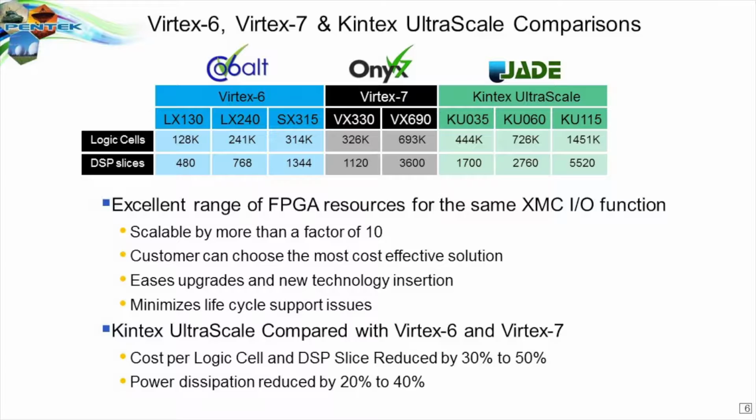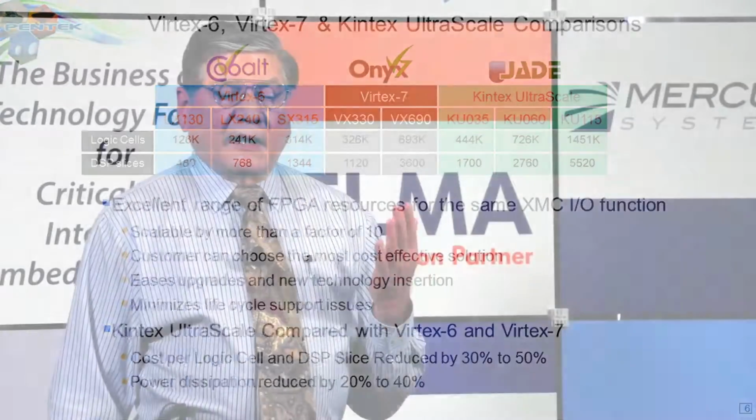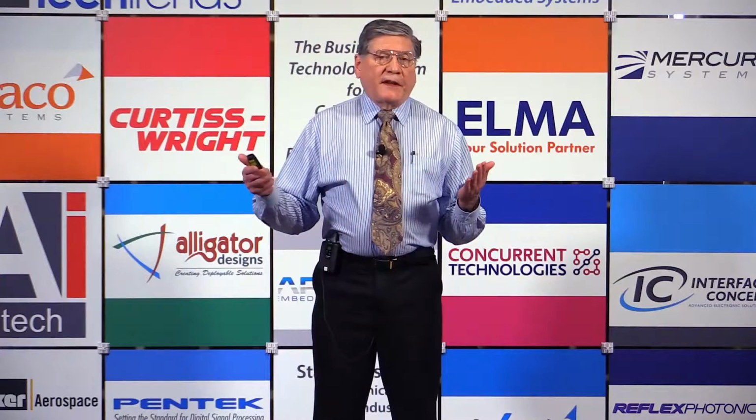And the point that we're making here is, if you're using an XMC module, which is a very, very popular industry standard that's used in just about every form factor, you can choose by more than a factor of 10 the number of resources and the horsepower that you might need for a particular function. So our customers can choose from a wide range of capabilities and still be able to move from one XMC to another without having to completely change their system. So it really helps to minimize life cycle support.